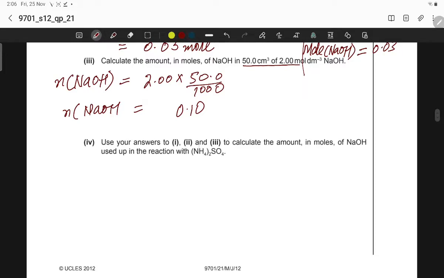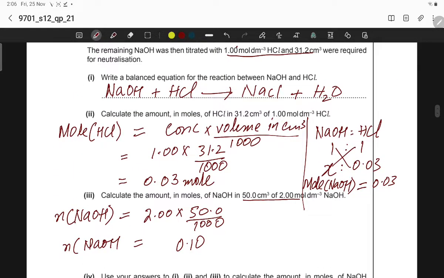Now use your answers 1, 2 and 3 to calculate the amount in moles of sodium hydroxide that actually reacted. So to find out, we just have 2 mole 0.10.